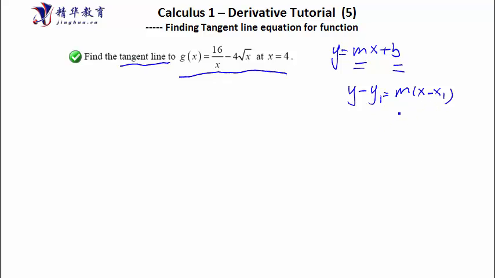Anyway, we need two things. Number one, a slope. Number two, a point. How do we find the slope? The derivative is the tool for finding the slope at any point, right? Good.